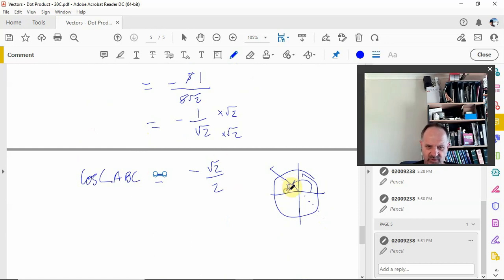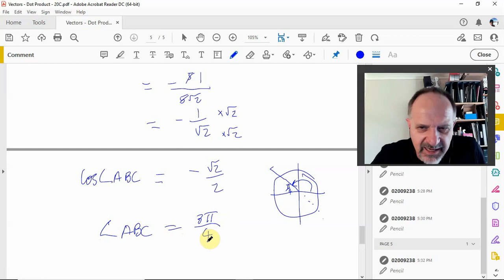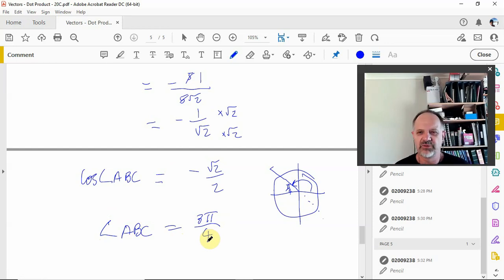I just need the angle. Then angle ABC is not quite pi, it's 3/4 of the way. So angle ABC in that case is 3 pi on 4.